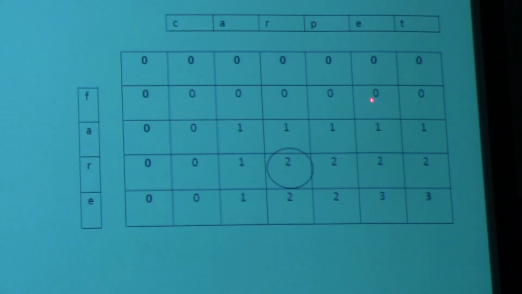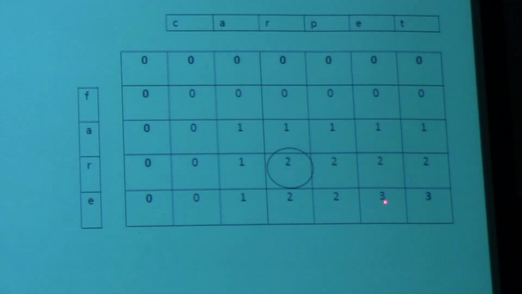We come down here. F against E, 0. So F against E means that the string F and the string CARPE have 0 LCS. It's true. So here we're going to have A against E. It's not a match, but we take this one. Here we have R against E. It's not a match, so we take the 2.